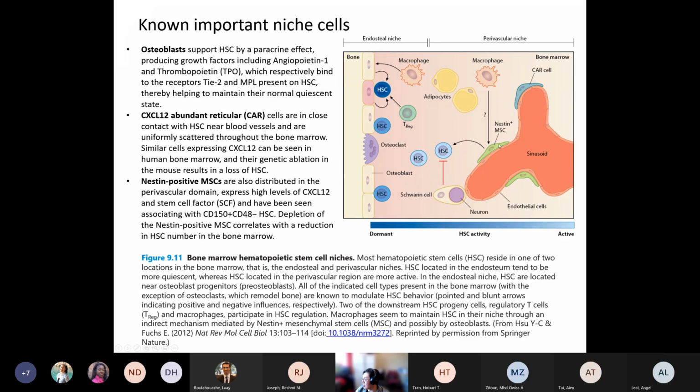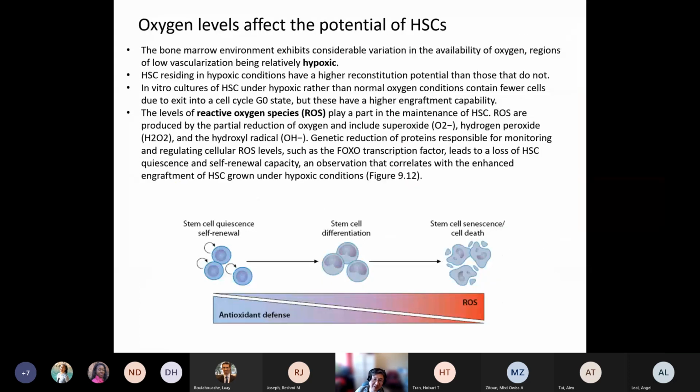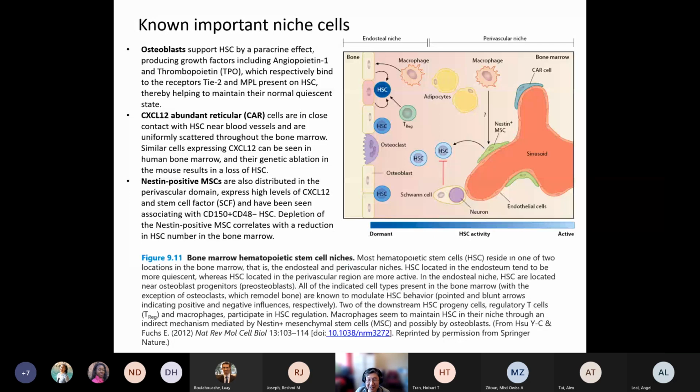The third cell type is called nestin positive MSC. What is MSC? MSC is mesenchymal stem cell. In the next lecture, we're going to describe mesenchymal stem cells. There's another stem cell in the bone marrow. So for these mesenchymal stem cells, nestin is just an intracellular protein.